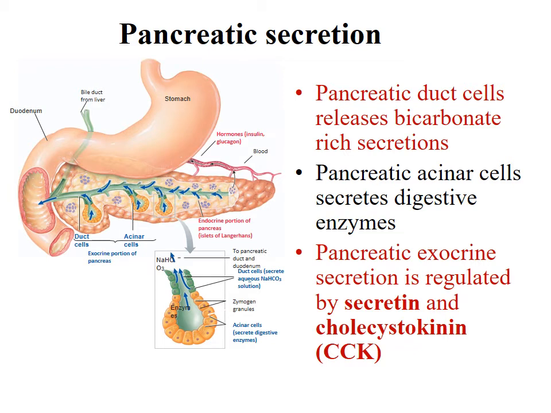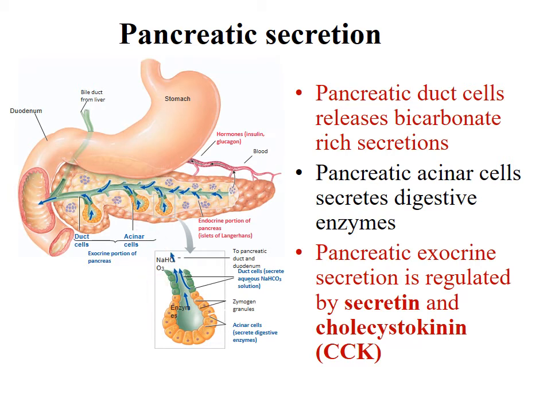In this lecture, we are mainly focusing on the exocrine portion, which includes the duct cells and the acinar cells, which are responsible for the digestive enzyme formation. So let us see the digestive enzymes and the secretions from this.